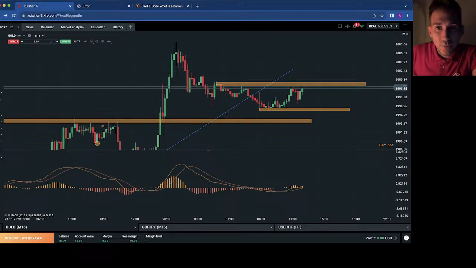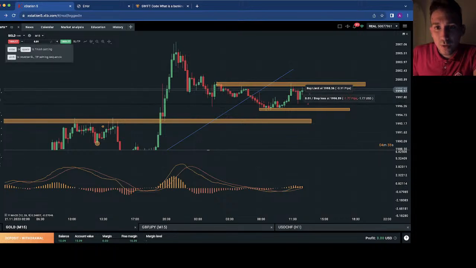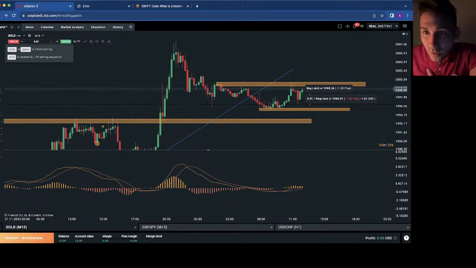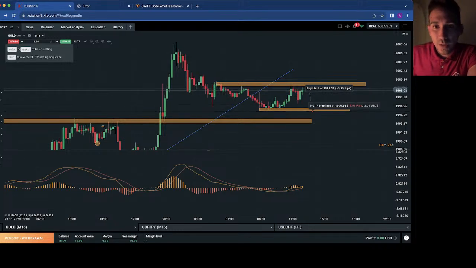So if we want to be an aggressive trader and not wait for a retest in this area, you place your trade here, and your stop loss under the market area, or even under the support area that we marked already.